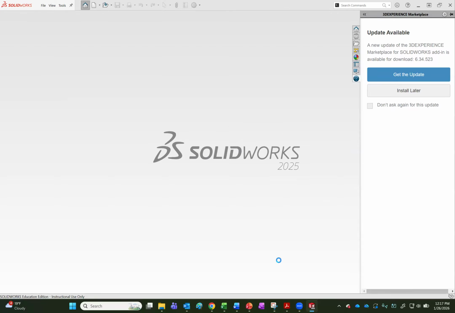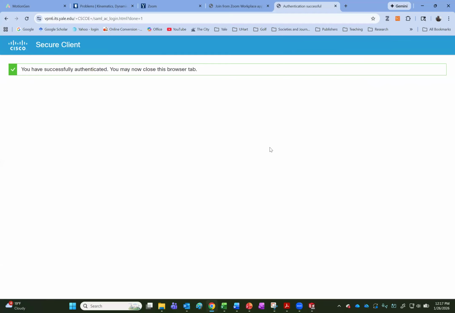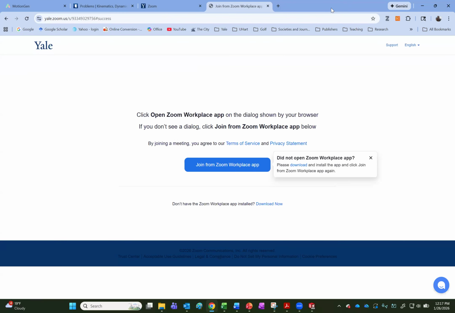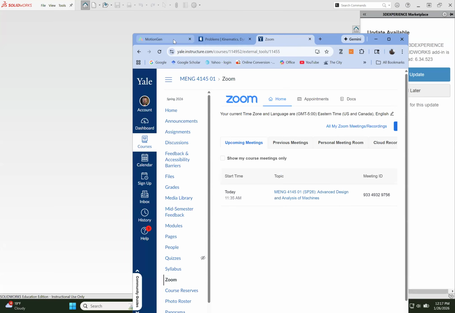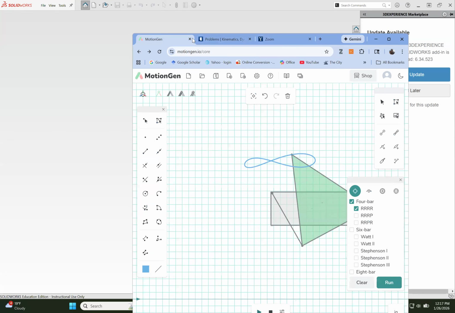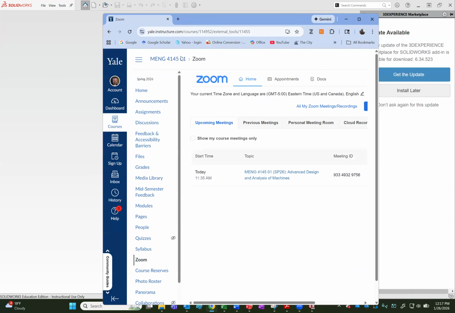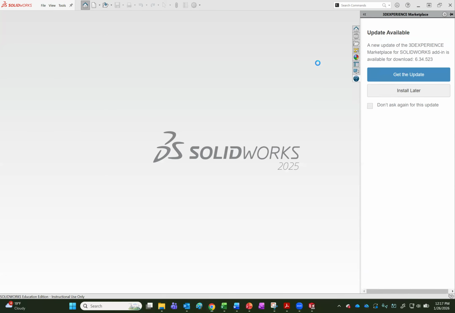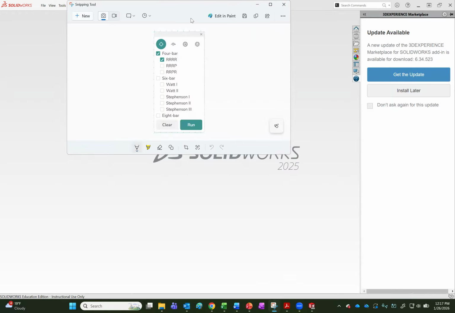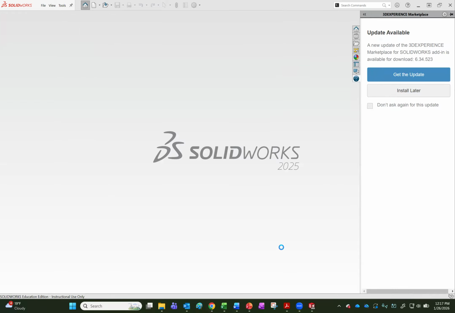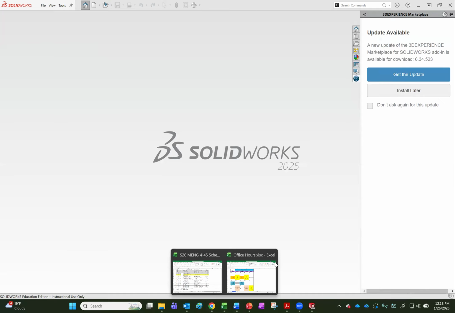All right, this is scary, that doesn't work. Let's see if I can get rid of him. I should be able to get rid of him. This guy, we're going to be using MotionGen in the next class. This is a textbook that was open. I don't know, I think I can close that. But it's not working, and I don't know what to do now. And close this. Don't need that open. Don't need this open.